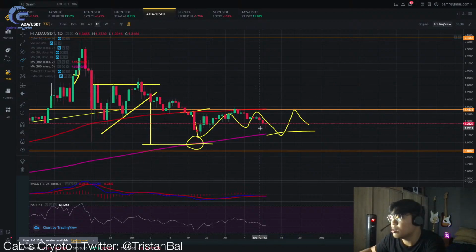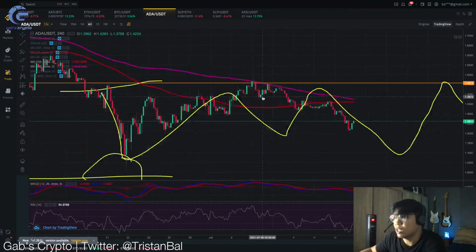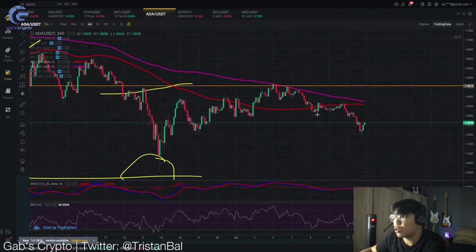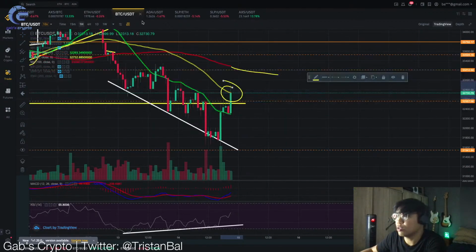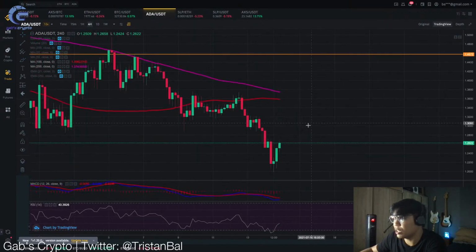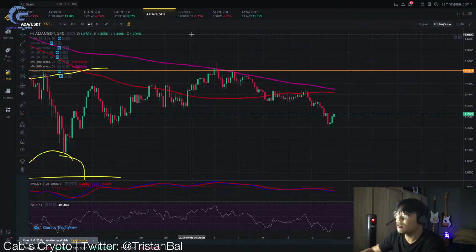So, yung Cardano for the long term. For the short term, just like Ethereum, hindi natin siya ma-analyze not unless magkaroon tayo ng bagong pattern. And this will, of course, be dependent on Bitcoin price action pati dito sa ating moving average. So yeah, that's Cardano.